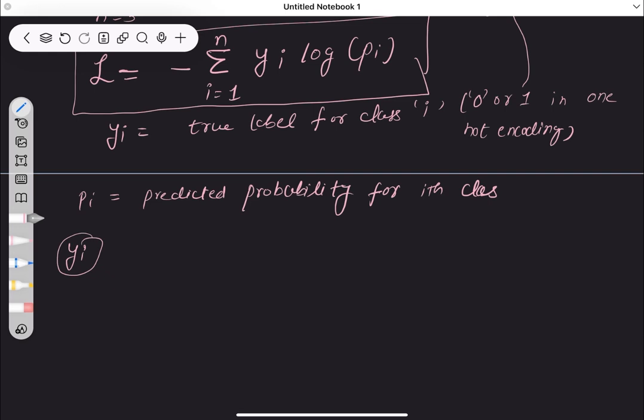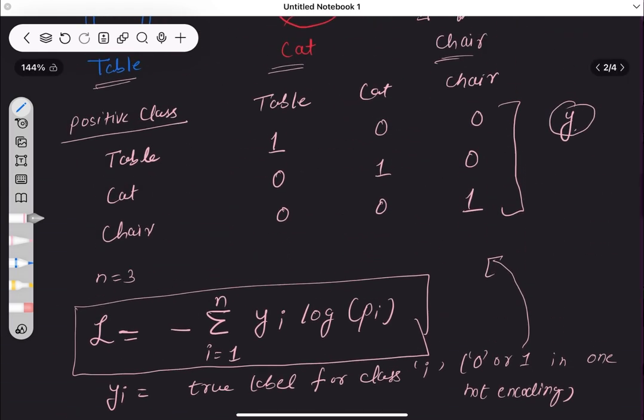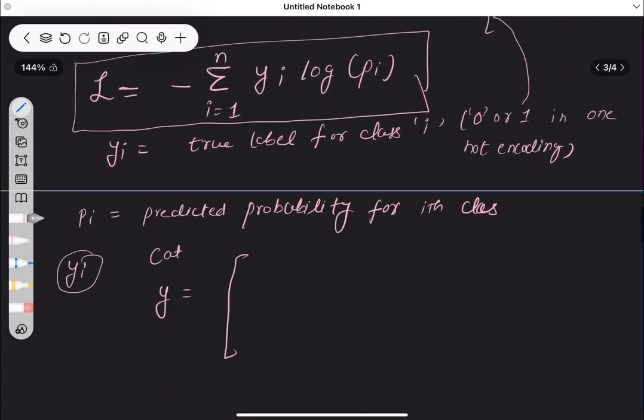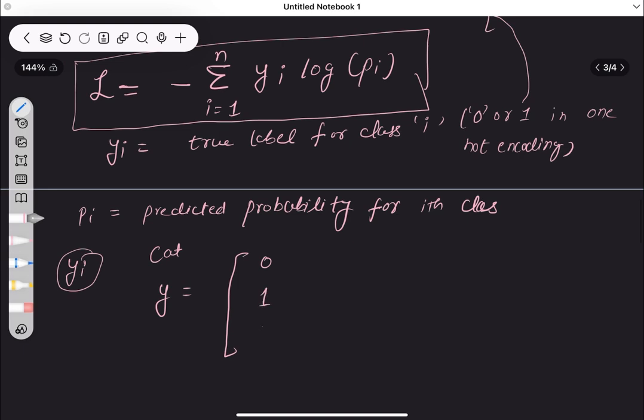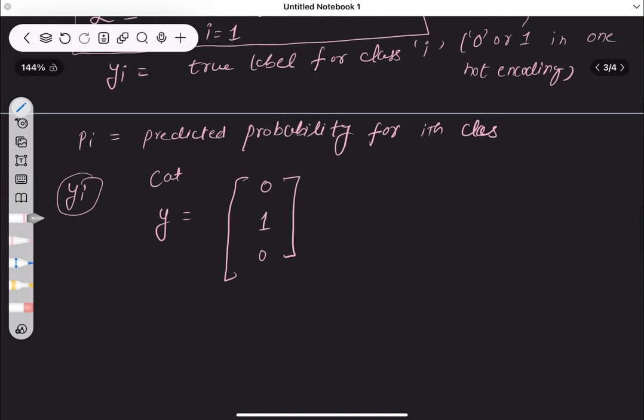Like if it is an image of a cat, then cat was the second element, so the y vector would be 0 comma 1 comma 0, right? And predicted probabilities represent the predicted probability that a sample belongs to class i, which is often derived from a softmax output in a neural network.